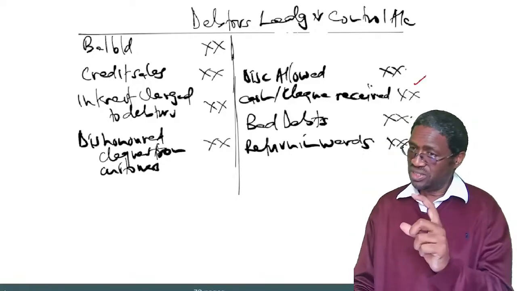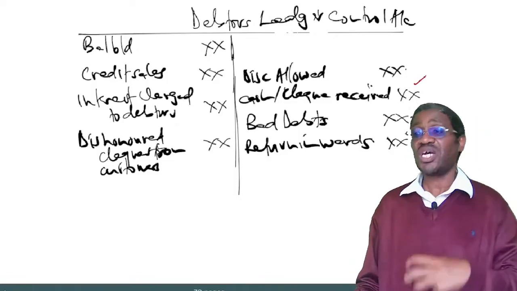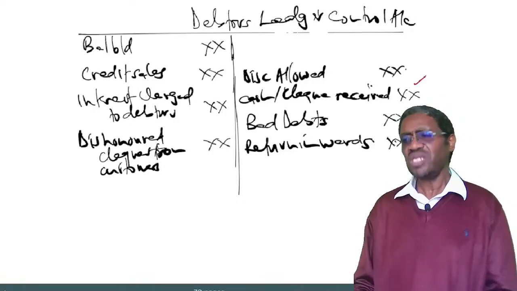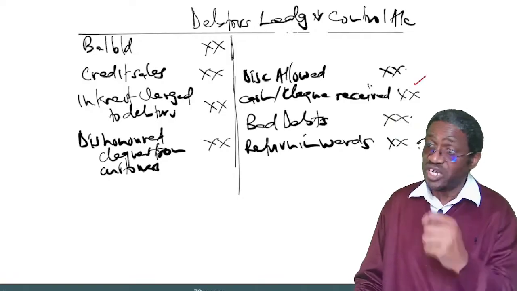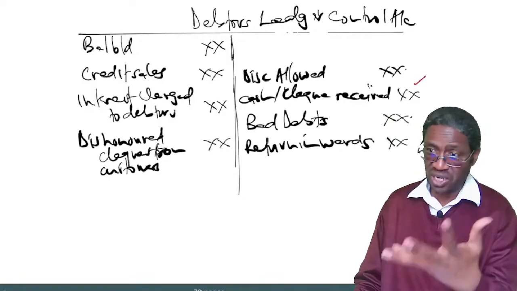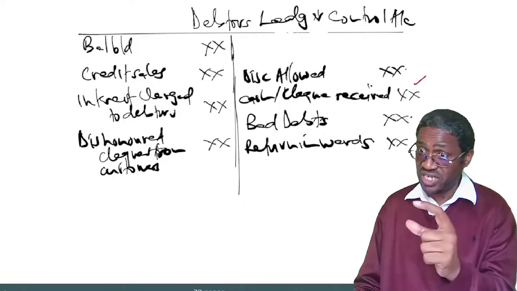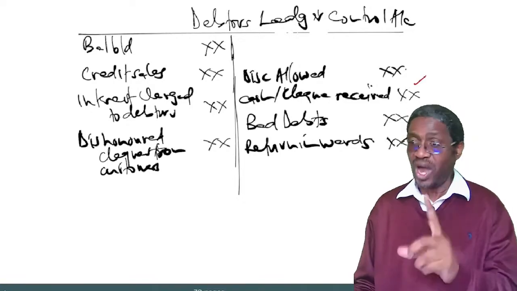So listen, I have told you that a bill of exchange is as good as cash because he has promised to pay you within 30 days. So when you receive the bill of exchange today for 10,000, 50,000, listen, it is as good as if the customer has paid you. Why is it as good?